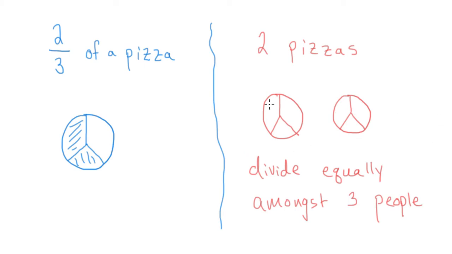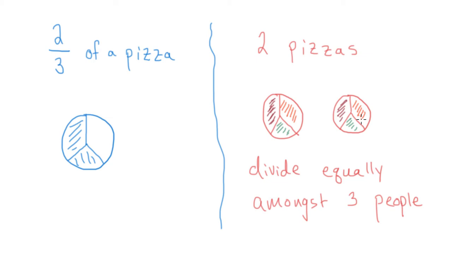Well, here's where I can just say, the first person's going to get one piece from this pizza and one piece from this pizza. The second person is going to get one piece from this pizza and one piece from this pizza. And then finally, the last person will get one piece from this pizza and one piece from this pizza.